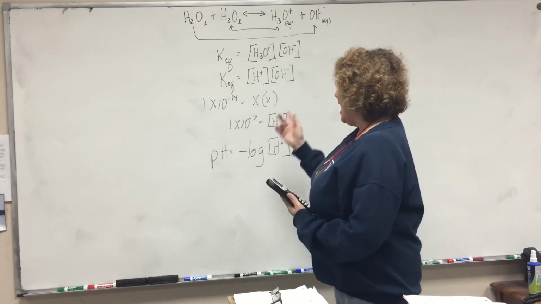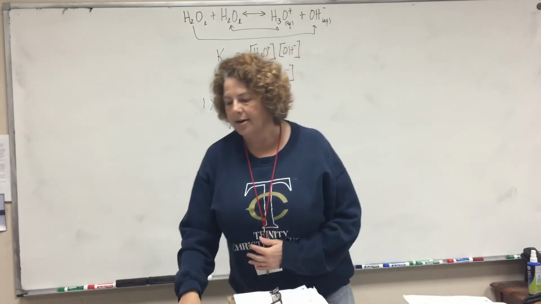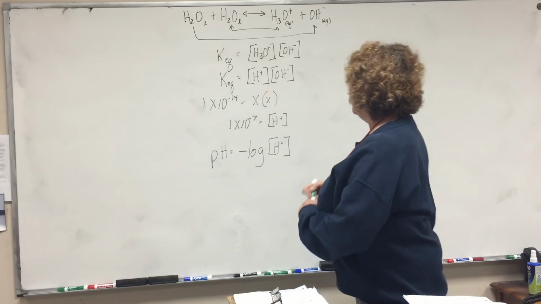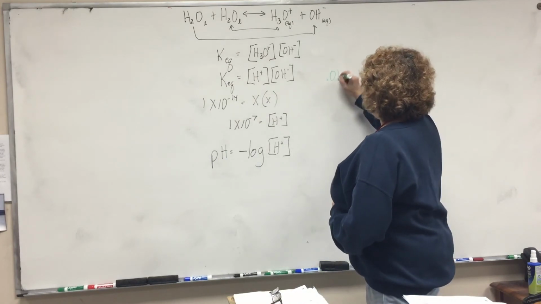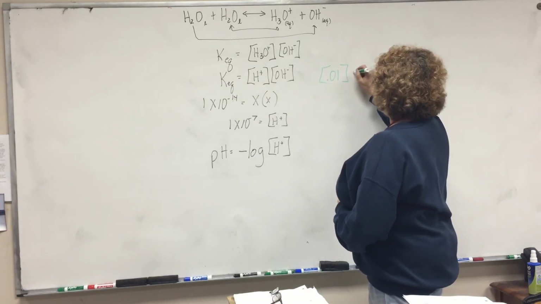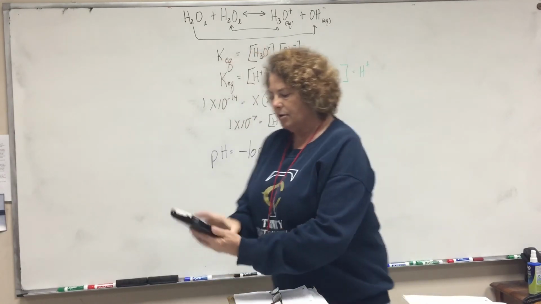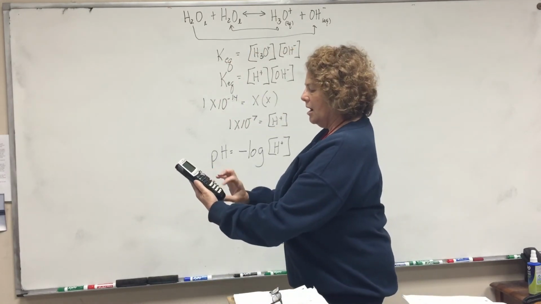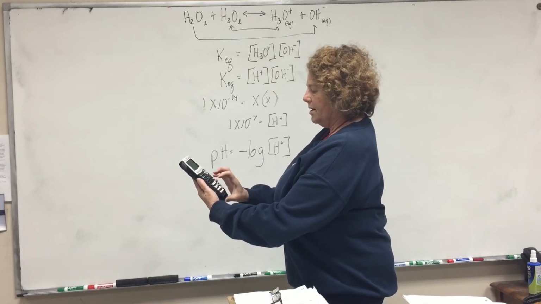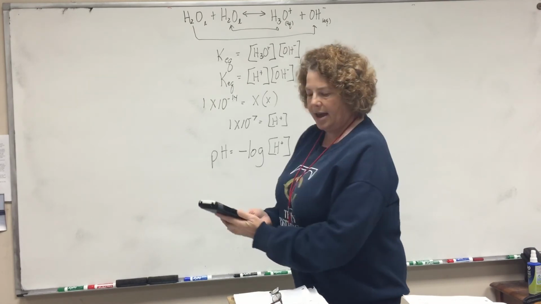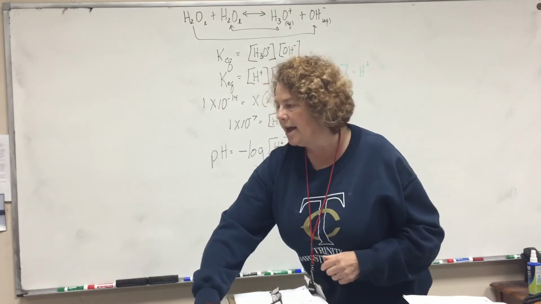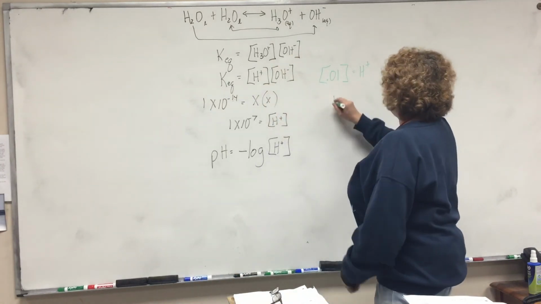So let's say I had a molarity or concentration of 0.01 for H plus ions. Well, I would just do negative log of 0.01 and I have a pH of 2.